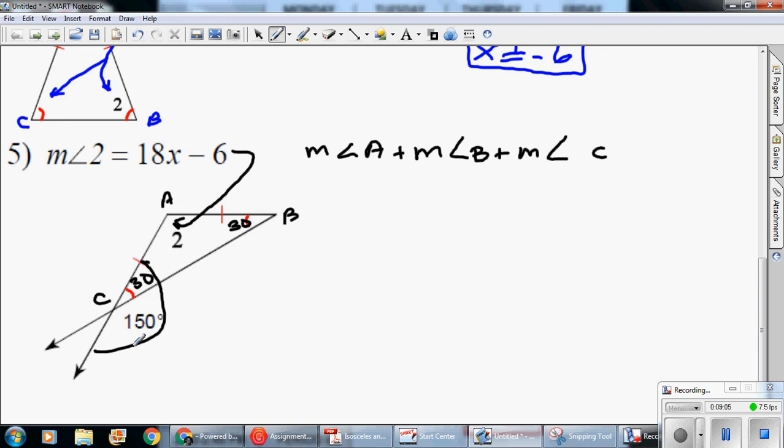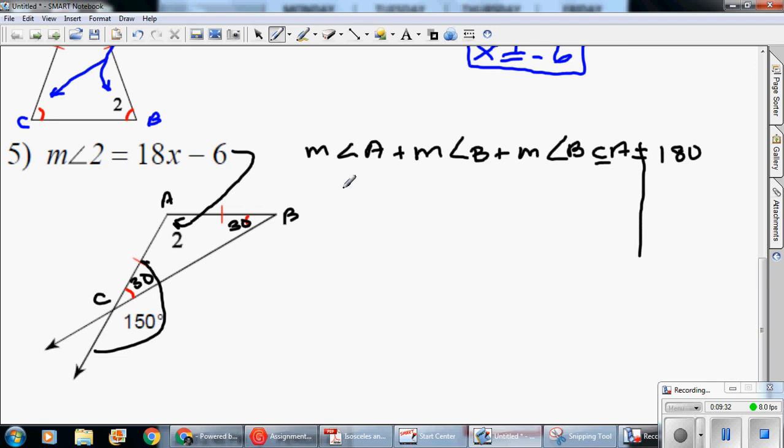Okay, you have to be more specific on what angle you're talking about. I'm talking about BCA. So this will be BCA. Remember, the corner has to be in the middle. Because there's 4 angles in here, you have to specify which one you're talking about. So if you add the 3 angles, you should get 180.